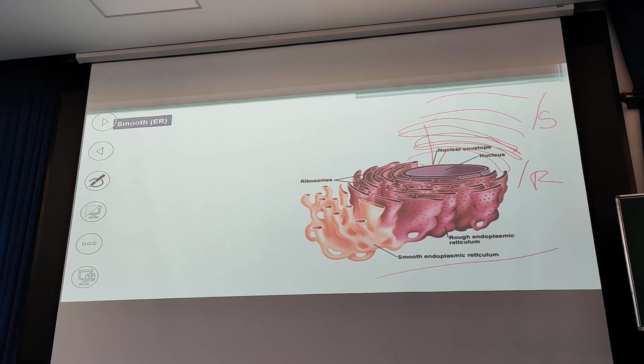Smooth ER, lưới nội chất trơn. The functions of the smooth ER are to make membrane lipids, and steroids are made here. Sometimes it can regulate calcium, especially in the mast cells, and it can destroy toxic substances.